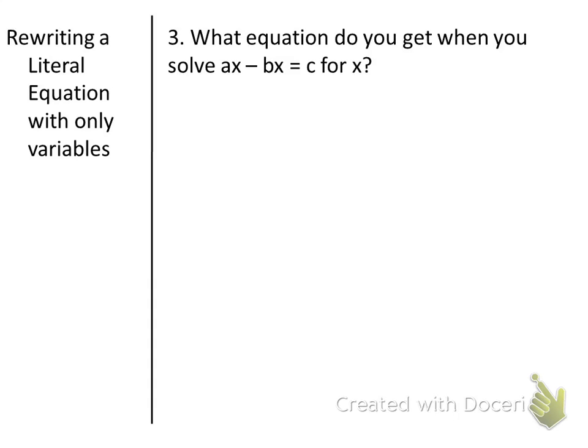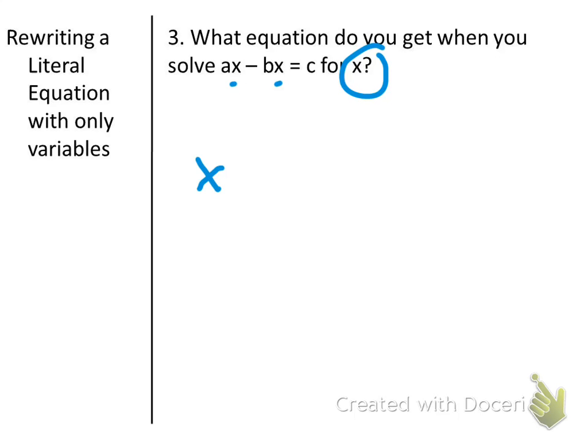Okay, the next one we're going to do: what equation do you get when you solve ax minus bx equals c for x? So all we're doing for this one is rewriting the equation for x. So I see my x, I have one there, one here. So I know that I can simply distribute out because I obviously did a times x and b times x.